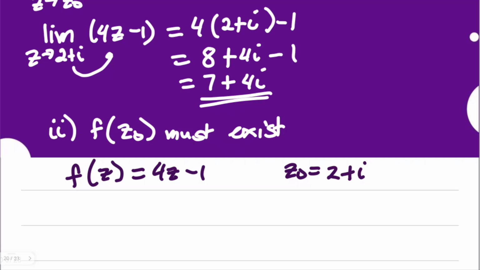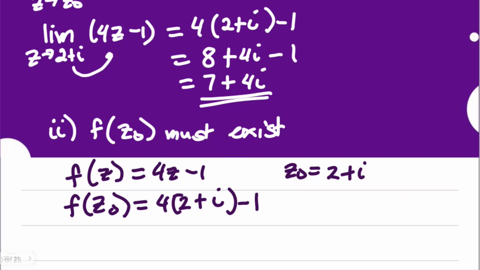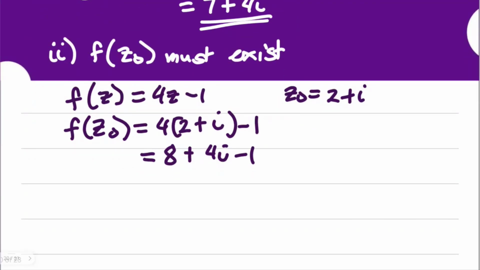By substitution, f of z sub 0 is 4 times 2 plus i minus 1, which gives us 8 plus 4i minus 1, or the value 7 plus 4i. Again, a complex number, therefore the second condition has also been satisfied.